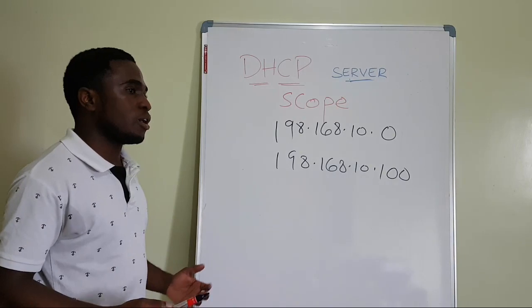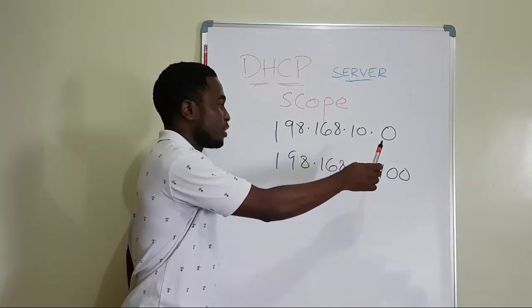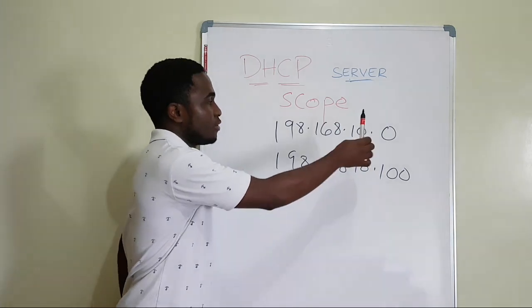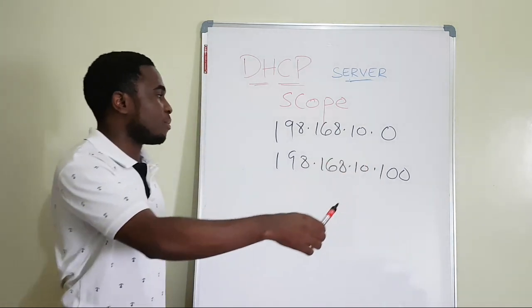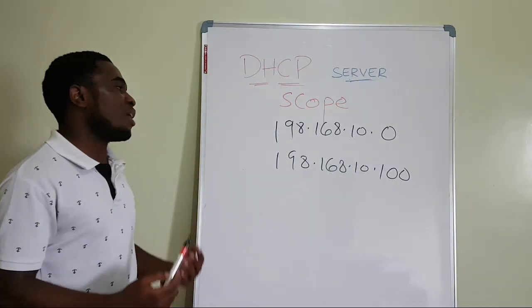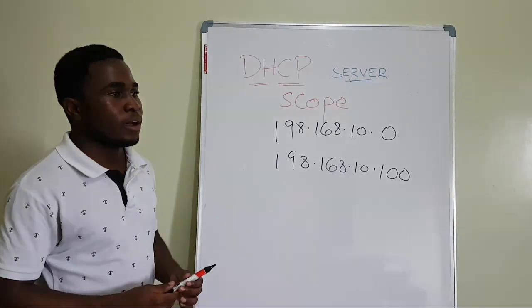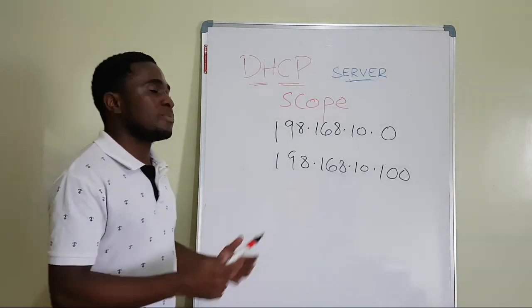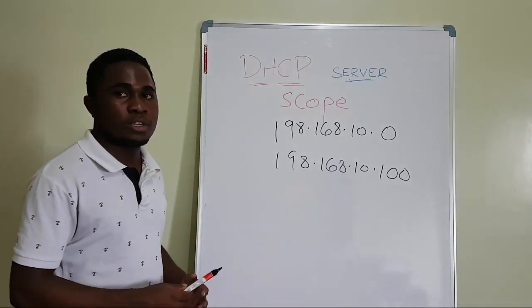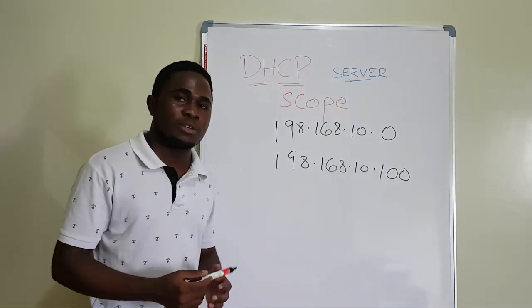That means our clients can get addresses from .0 to .100. It means there can be at most about 100 hosts. If a 101st client would like to get an IP address, the DHCP server cannot give it because it's out of the range of IP addresses given.